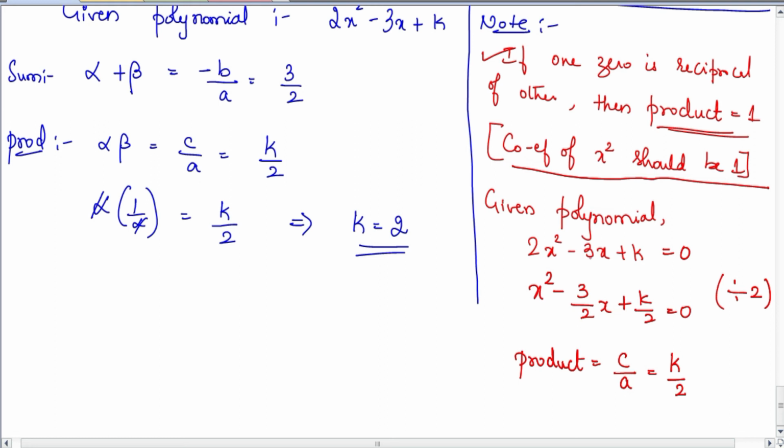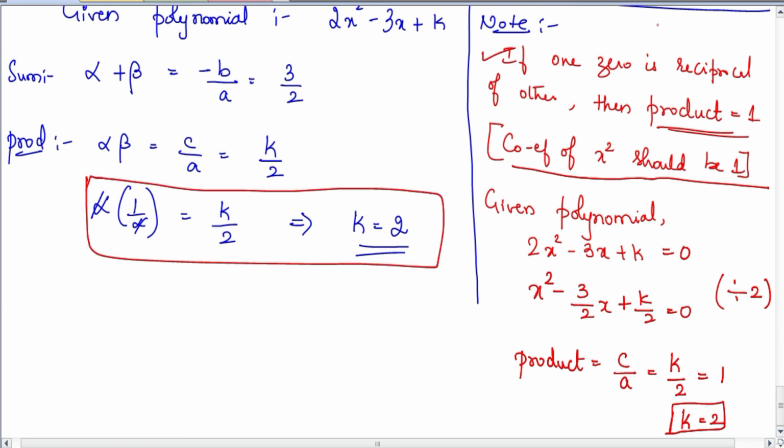This is equal to 1, therefore k equals 2. Understood? So we can directly arrive at this conclusion if you know this property. This is one shortcut trick, but remember you need to use it only if the question is given for 1 mark. If it is given for more marks, then use the normal method.